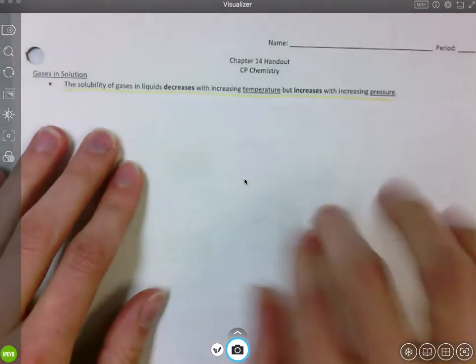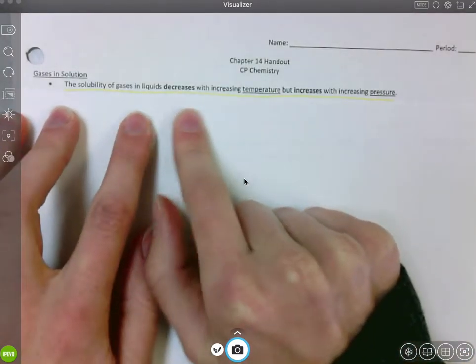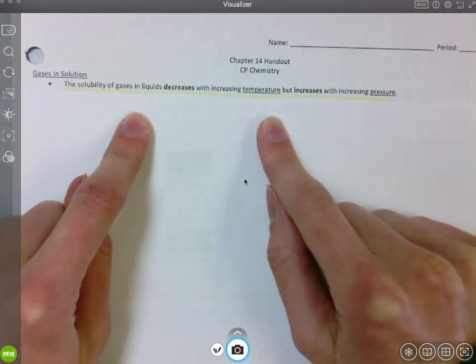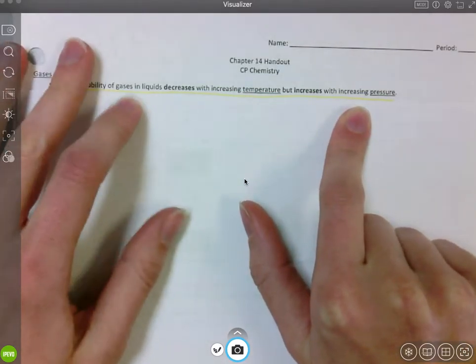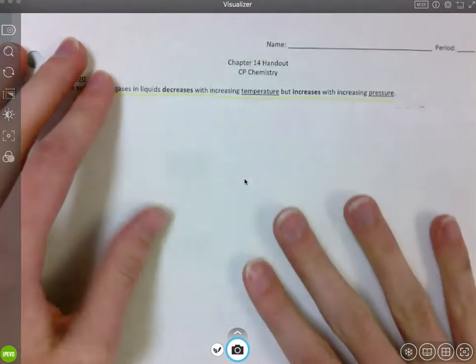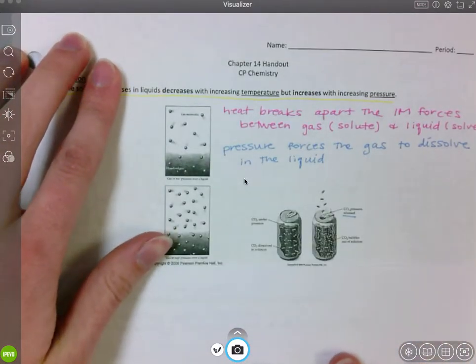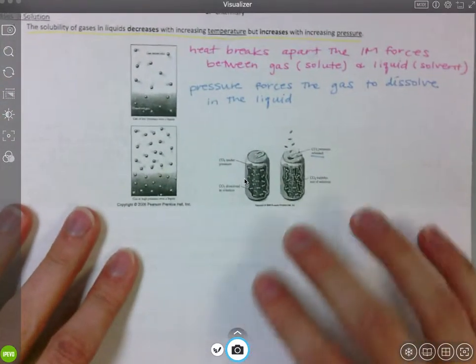So our first bullet point, the solubility of gases decreases with increasing temperature, but increases with increasing pressure. So let's look at these pictures that we have here.